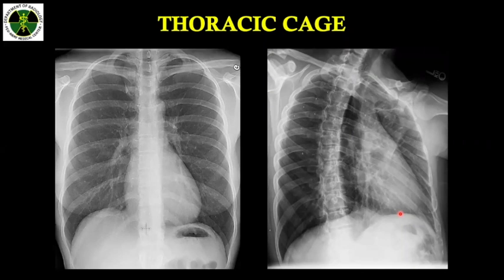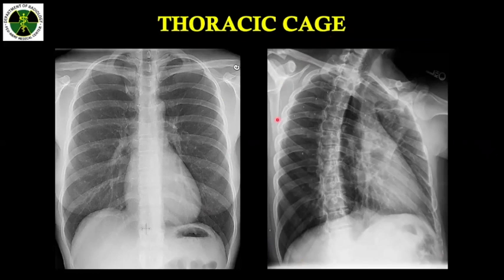Thoracic cage is also one of the views that we request to be able to assess the ribs well. So this is the frontal view and this is the oblique view.